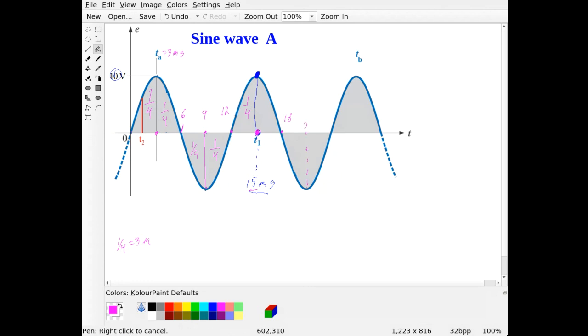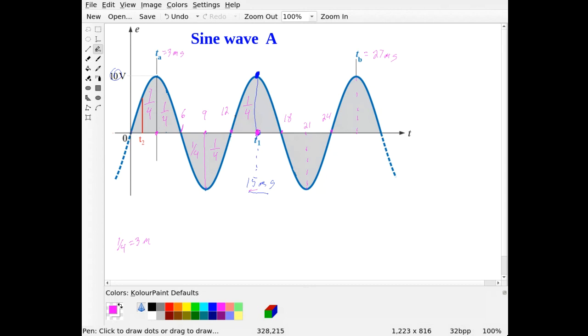And this point would be 21 milliseconds. And 3 more would be 24 milliseconds. And so TB there would be 27 milliseconds. Okay, all right, so everybody with me here so far?